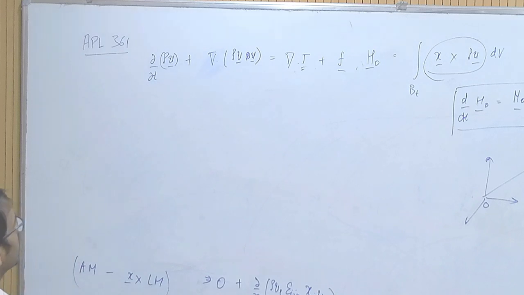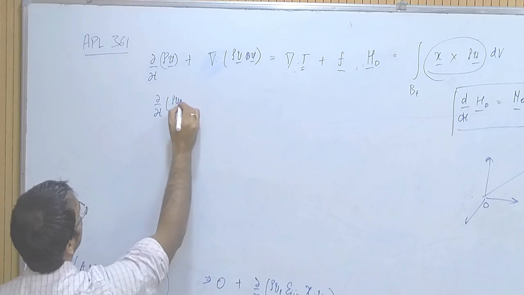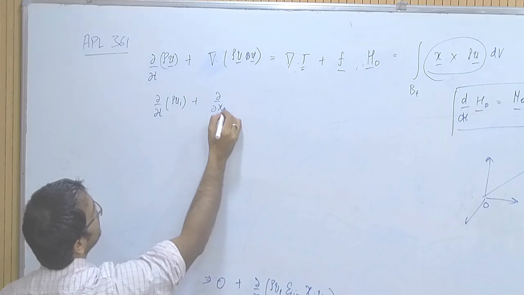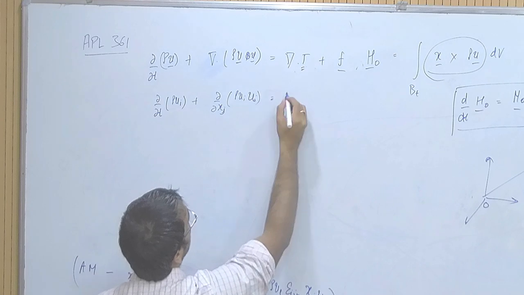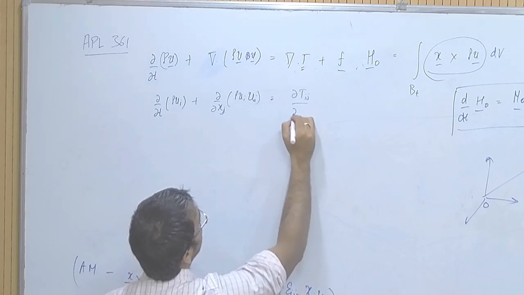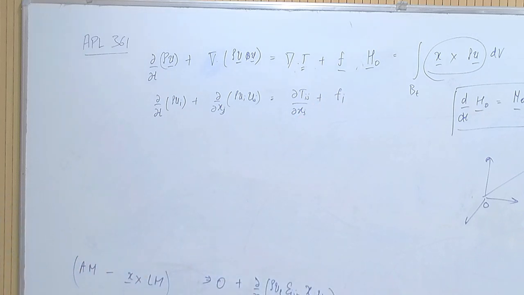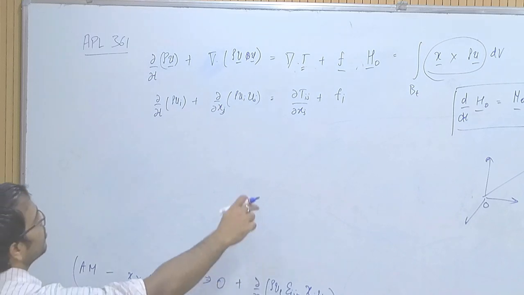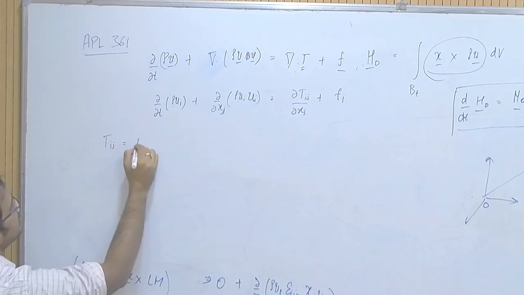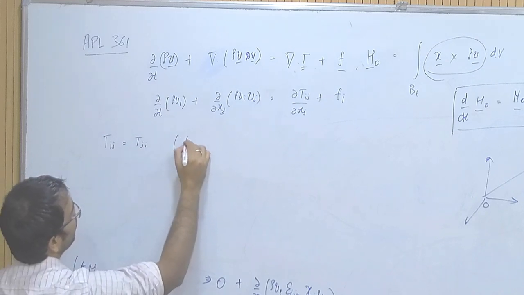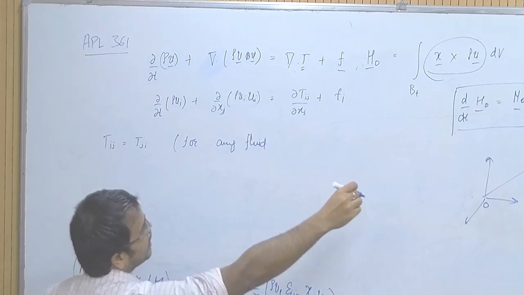In the index notation, I can write this equation as del by del t of rho u_i plus del by del x_j of rho u_i u_j equals del T_ij by del x_j plus f_i. So this is in the index notation, and now we are going to attempt to model what this T_ij is. So T_ij equals T_ji for any fluid satisfying these two assumptions.